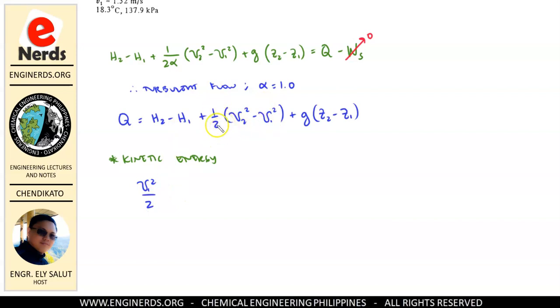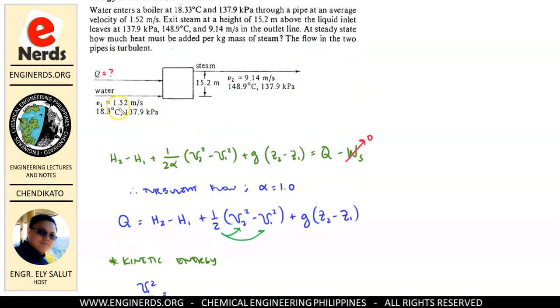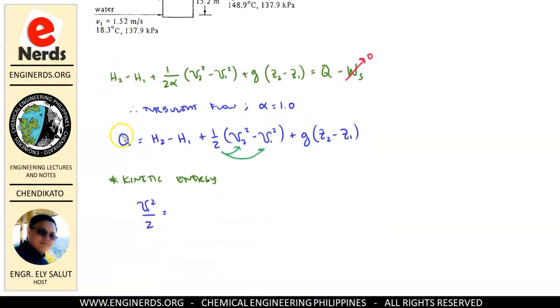So if you're going to distribute itong ating 1/2 dito sa ating equation, we will have here V2 squared over 2 minus V1 squared over 2. So, solve na natin itong V1 squared over 2. So, basically, our V1 is equal to 1.52 meters per second. So, we will have 1.52 meters per second. We're going to square that and divide that by 2.